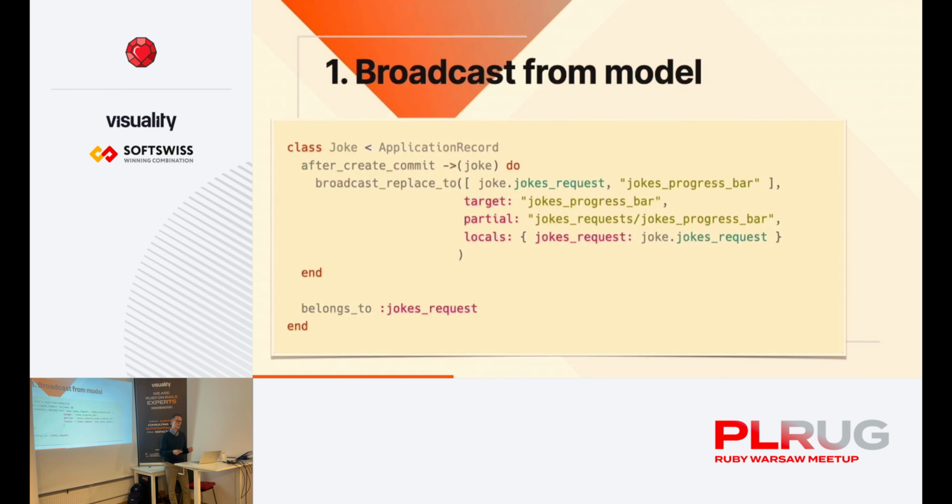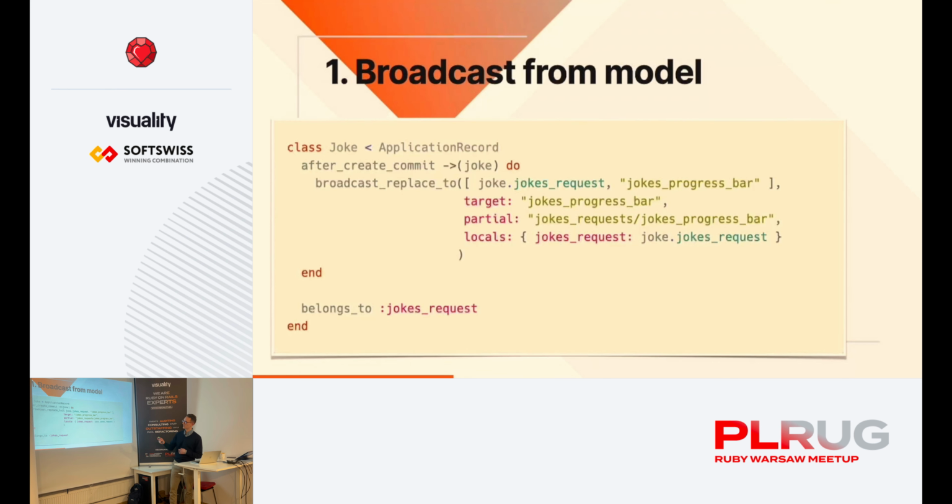So to make it unique, we can use the records that are created in the database, in this case jokes request, because we know that each joke request has a separate collection of jokes. And then there are arguments connected to elements on the front end that we want to affect.